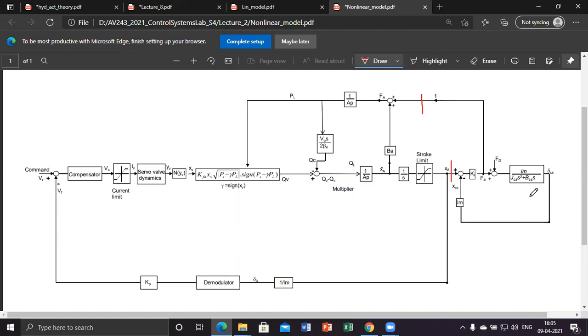We are not connecting any load. So the same simulation model can be used for the actuator alone case or connected with the load by simply breaking this loop, and the internal parts are still there.